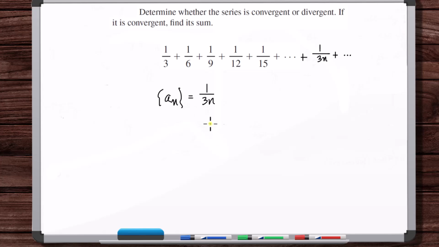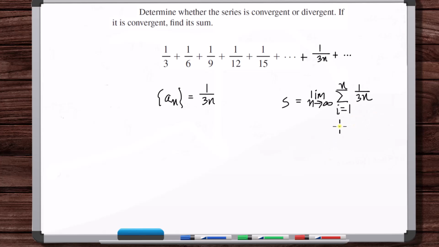Well, the main theorem was that if a series is going to be convergent, then the corresponding A sub n of the series needs to converge, and not just converge, but converge to 0.